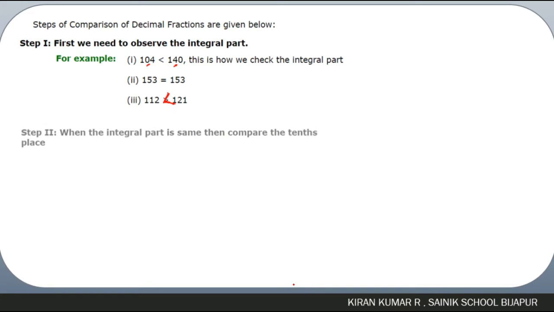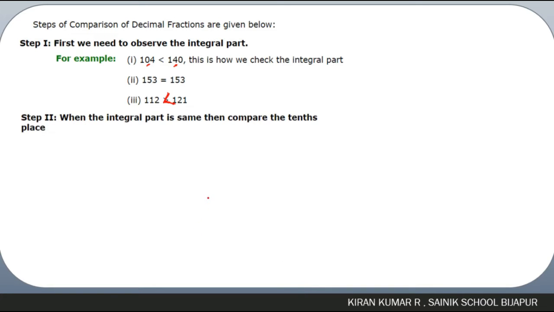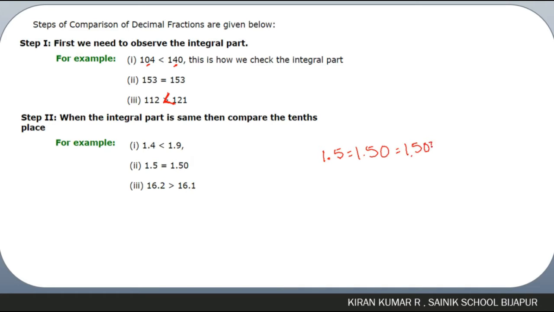The next step is when the integral parts are the same, we compare the tenths place. For example, here the integral part is 1. We will look at the tenths place. 4 is less than 9. 1.5 and 1.50 are the same, because in yesterday's discussion we have learned 1.5 is the same as 1.50, it can be the same as 1.5000, as many zeros as you take.